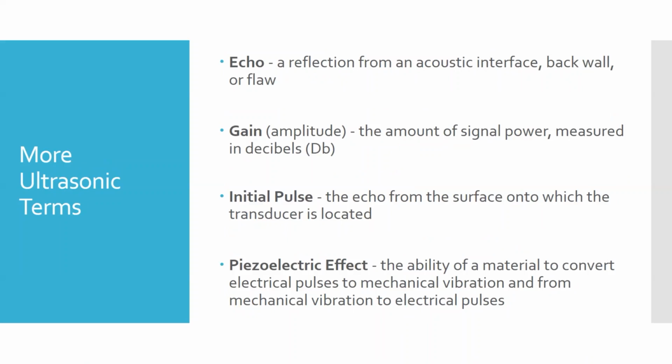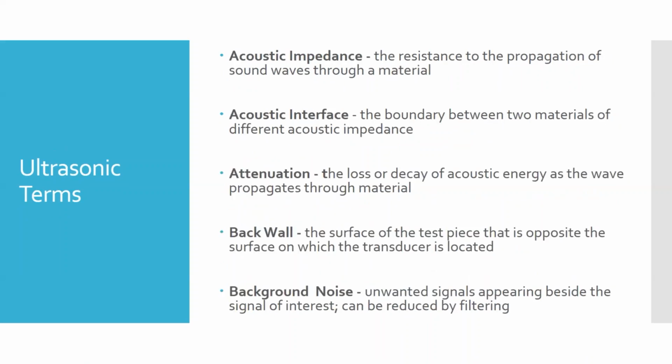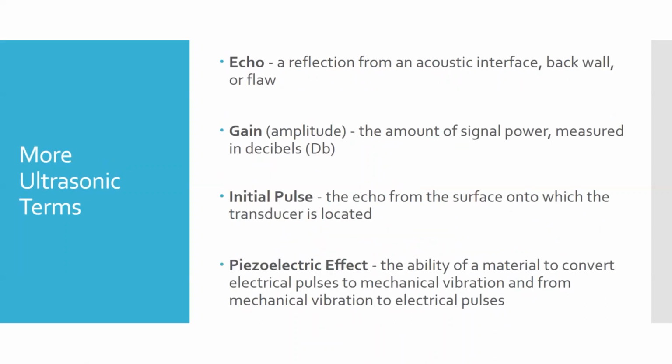But with the equipment we're using, we're going to be adjusting the gain, essentially the amplitude of the signal we're sending into the part. And the louder we send a signal into the part, the higher the amplitude, the further it'll travel. It's less, because when we look at attenuation, that's that loss of amplitude.